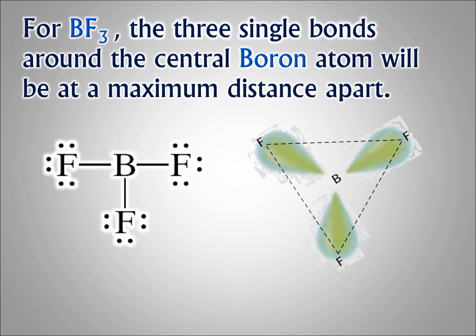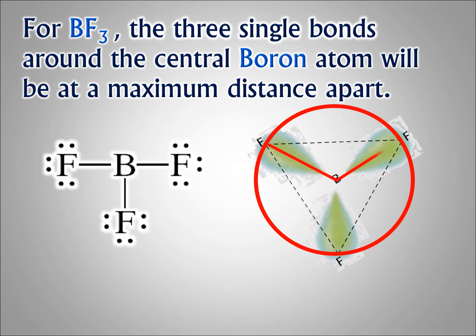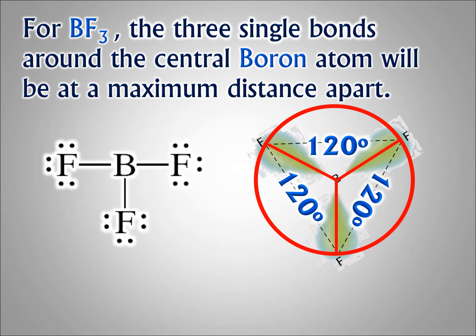So if boron makes 3 bonds, that's 3 pairs. And the great thing about 3 pairs is there's a very easy way for them to spread out. Think of a circle, 360 degrees. Think of chopping that circle into 3 even slices. We don't usually do this with pizza, for example.